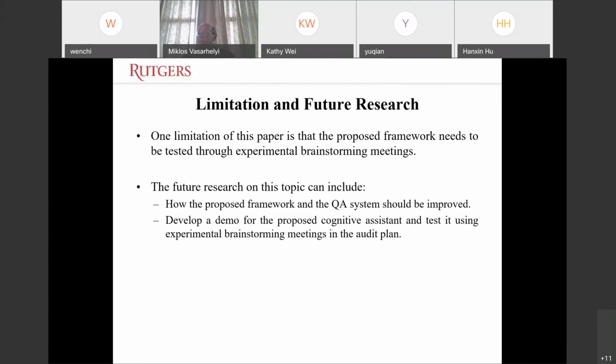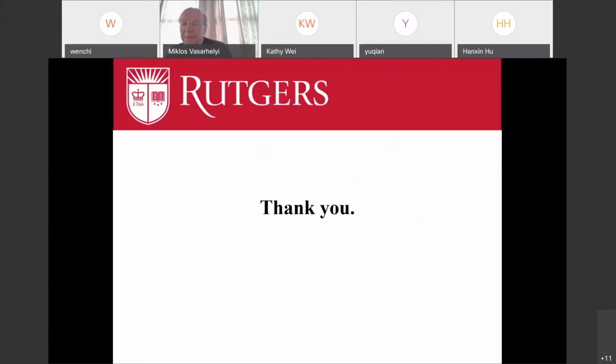One limitation of this paper is that the proposed framework needs to be tested through experimental brainstorming meetings. For future research, we can focus on two topics. The first is how the proposed framework and the QA system should be improved. The second is to develop a demo of the proposed cognitive assistant and test it using experimental brainstorming meetings in the audit plan. That's it. Thank you.